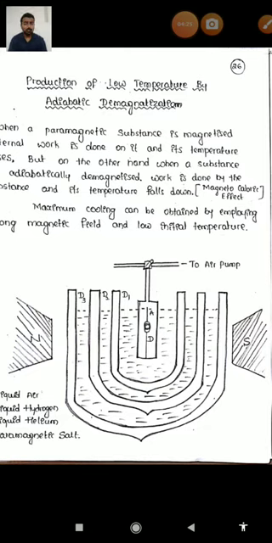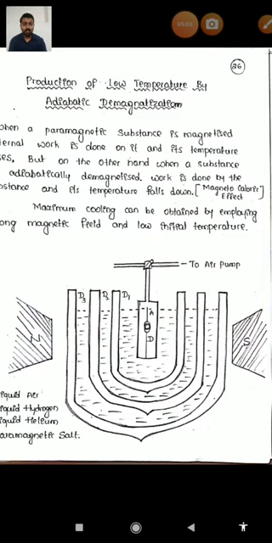If we remove the external strong magnetic field from the paramagnetic substance, work is done by the substance and its temperature falls. The paramagnetic substance already has a low initial temperature because of the surrounding liquids, that is liquid air, helium and hydrogen.